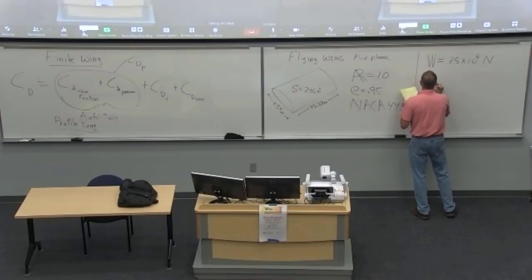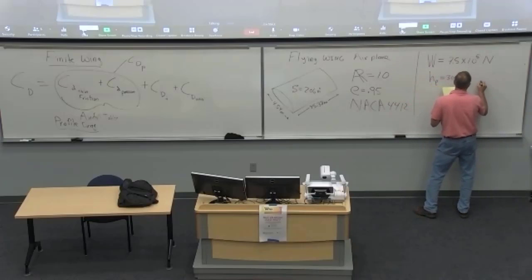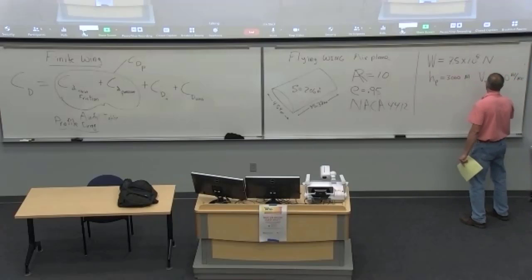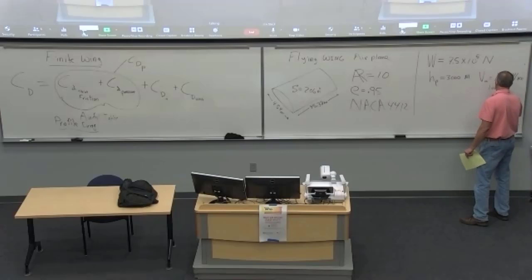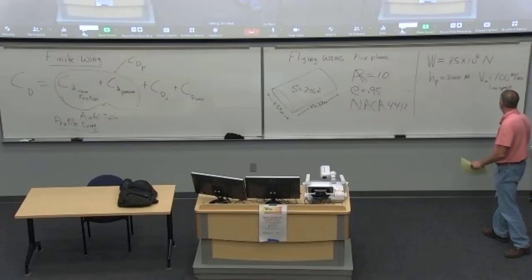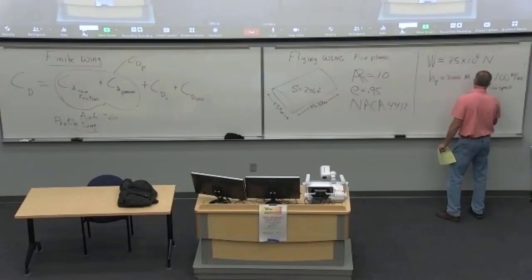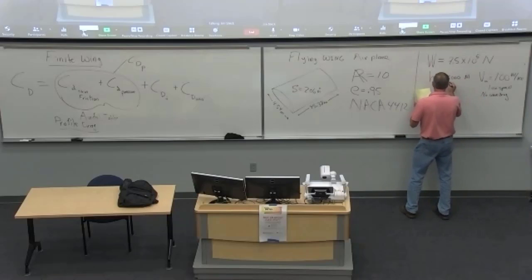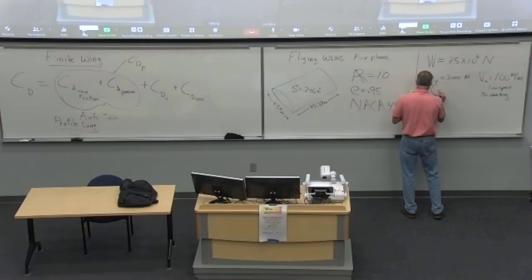It's flying at a density altitude of 3,000 meters at a velocity of 100 meters per second, so it's a low speed. That means we don't have to calculate the wave drag. What else do we need? Oh, if you look up the density at this altitude.